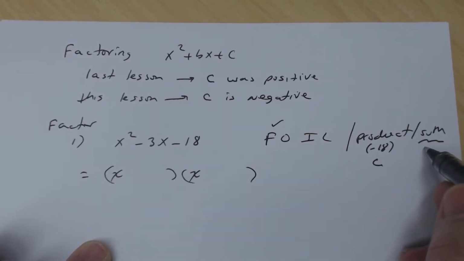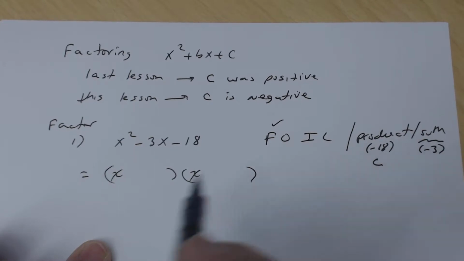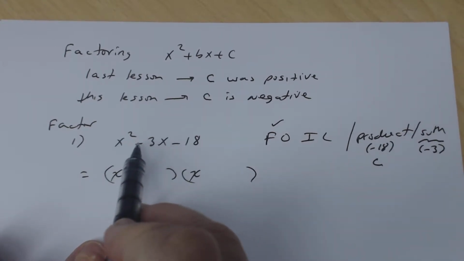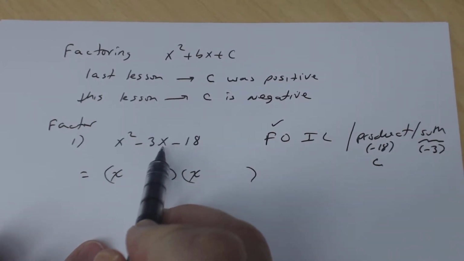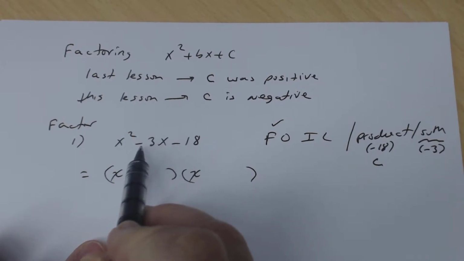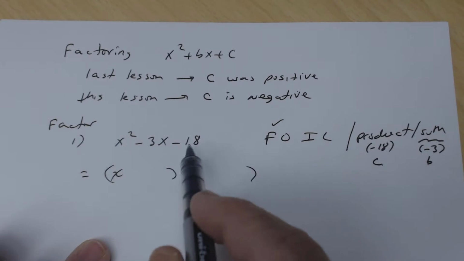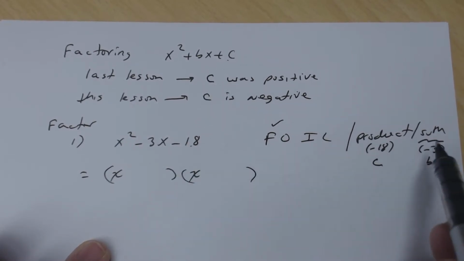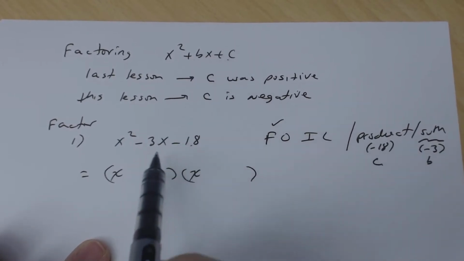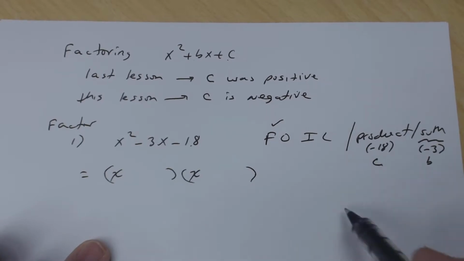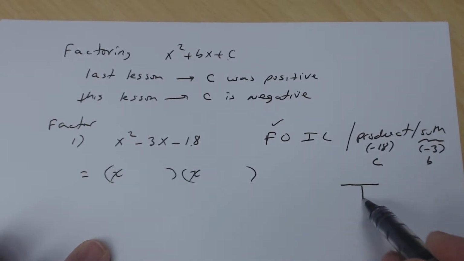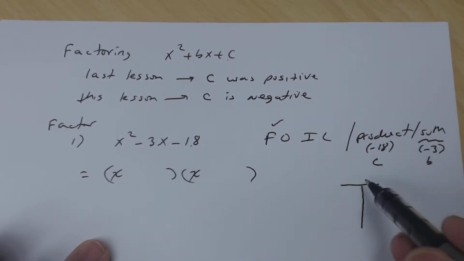So you want the sum to be, in this case, negative 3. Make sure you correctly state the coefficient. The coefficient of x is not 3. The coefficient of x is negative 3. So remember, you want the product to be c, and you want the sum to be b, the coefficient of x.